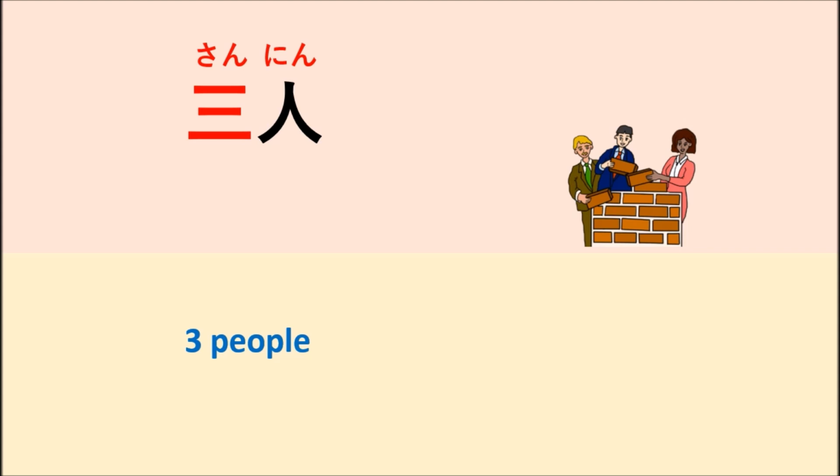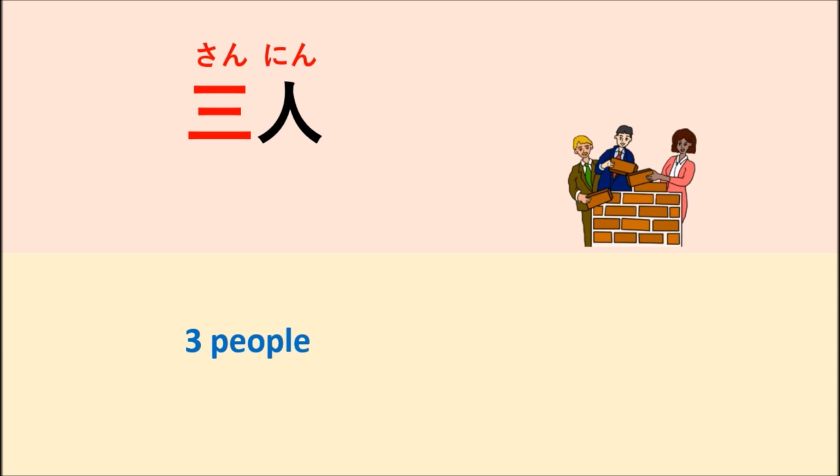So when you put the number 3 and people, this means 3 people together. If you want to create a question like how many people, you can say nannin ga imasu ka. Nannin ga imasu ka means how many people are there.